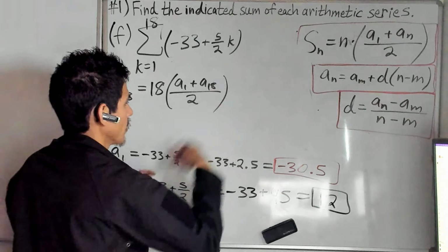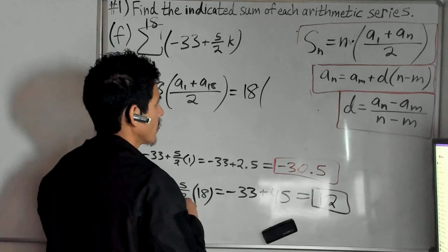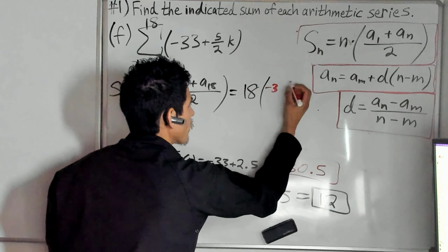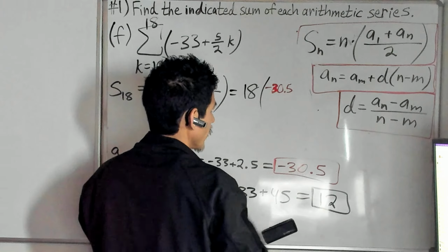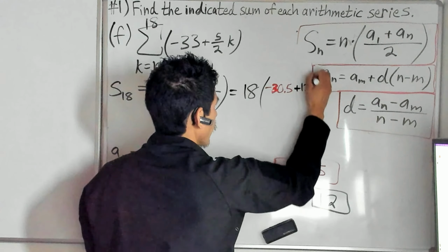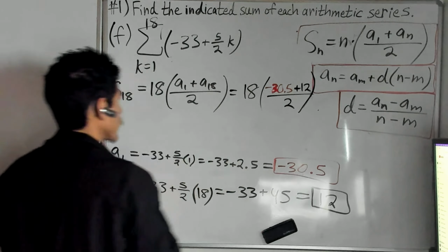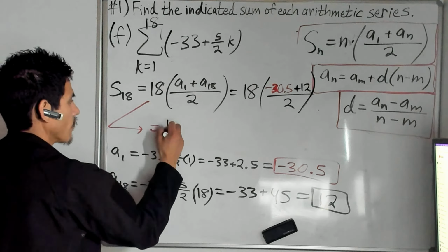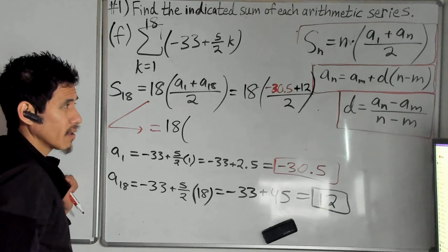You plug them in. So 18 times negative 30.5 plus 12 over 2. Working our way. Negative 30.5 plus 12. What would that be?